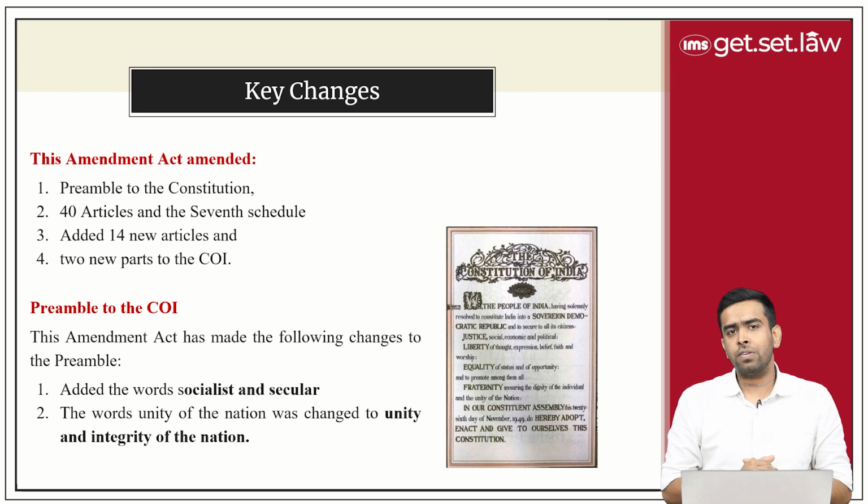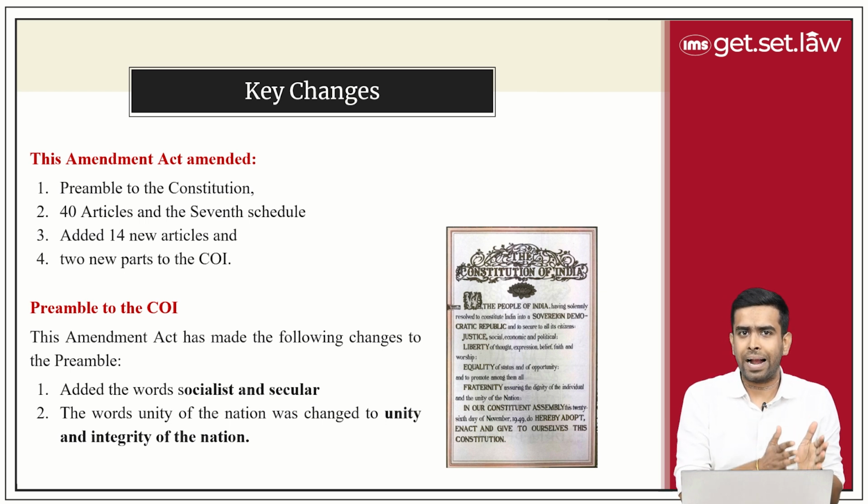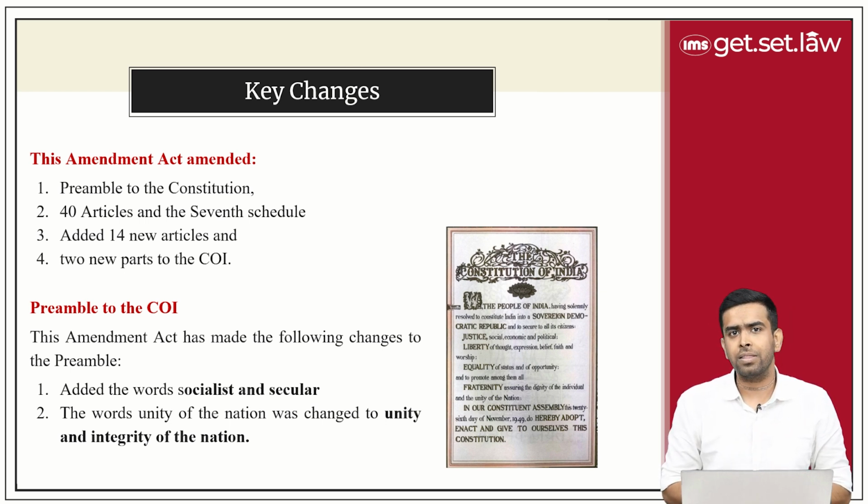So the first change was done in the preamble. I have pasted the original preamble, which you can see on the screen. This preamble is missing the 2 words which were added with this 42nd amendment. The words are socialist and secular. Earlier we just had sovereign, democratic and republic.